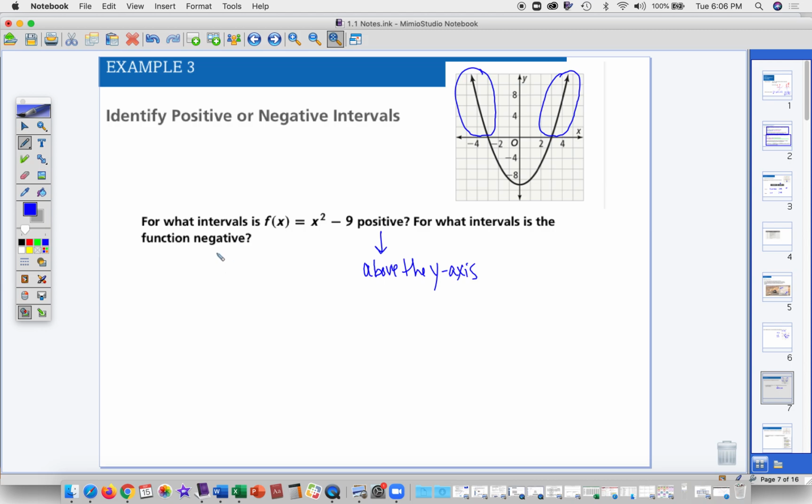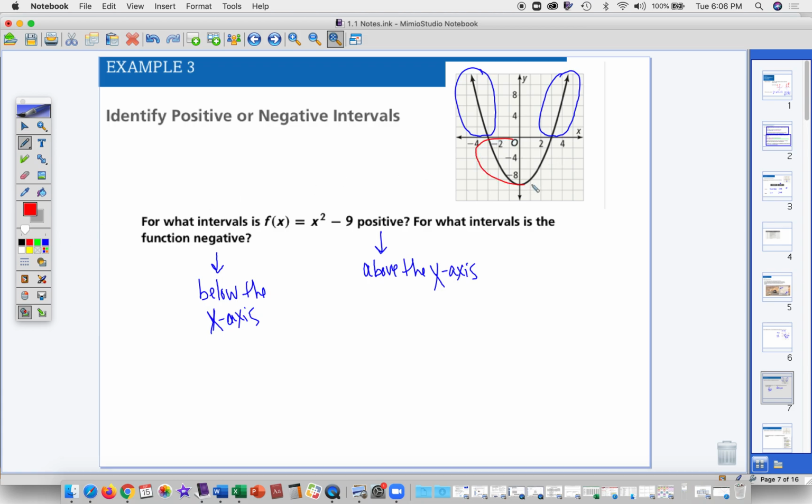And where is it negative? Negative means below the x-axis. Oh, I'm sorry, I was saying y. It should be x. Good grief. For some reason I have y stuck in my head. Let me recap that.